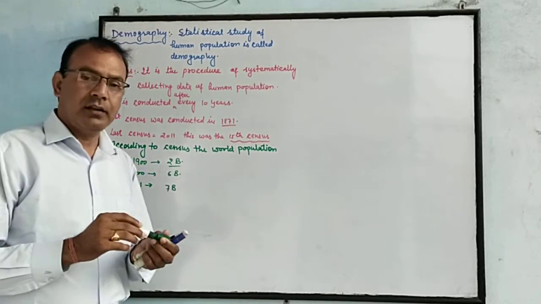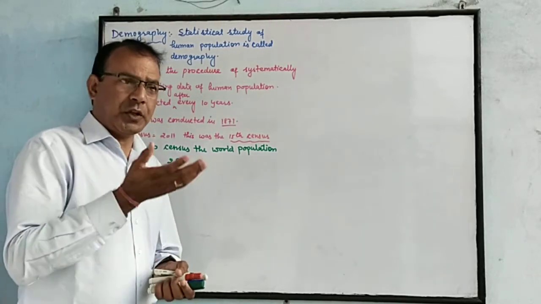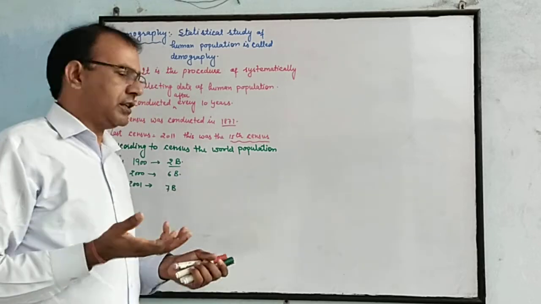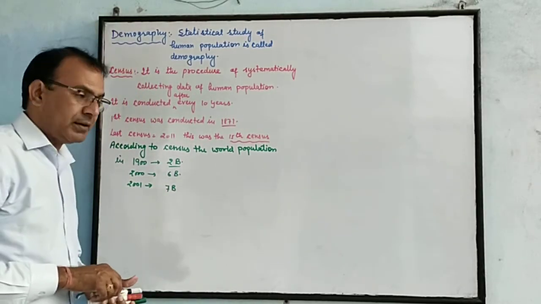In 1900 the world population was only 2 billion. In 2000 it suddenly increased and reached 6 billion. In 2011, 7 billion.